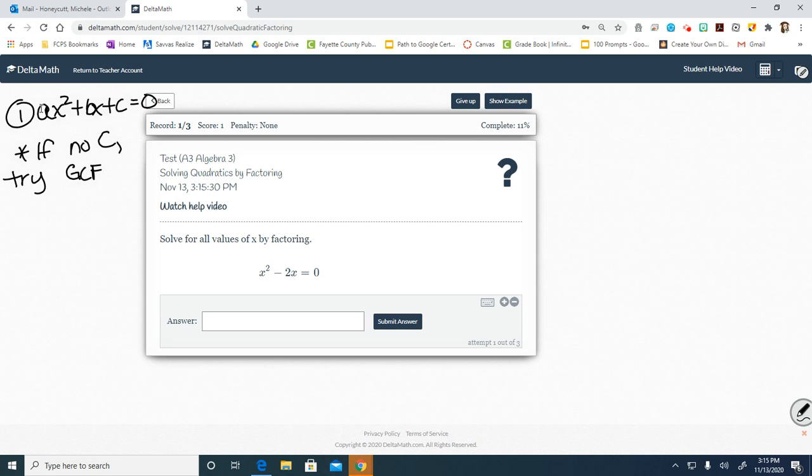So I look: is there a greatest common factor between x squared and x? Yes, an x. So I'm going to try to factor out an x. x squared divided by x is x, because x times x will give me x squared. And then negative 2x divided by x is negative 2. Bring down the equal 0.